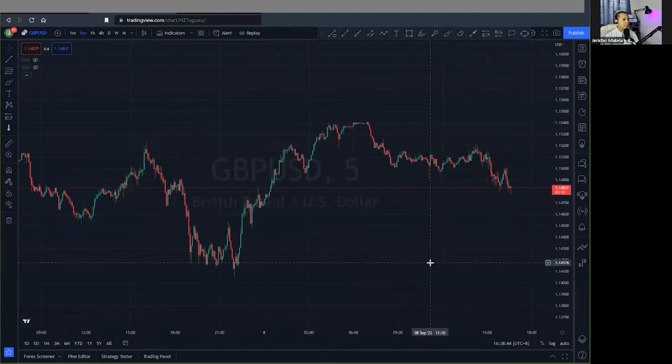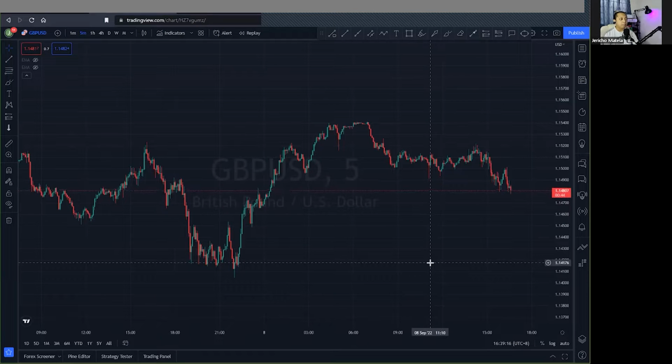Bakit pound USD ang napili nating currency pair when trading this strategy? Unang-una kasi, mas volatile ng konti ang pound USD compared to other major currency pairs versus, for example, the Euro USD pair. At the same time, mas clean, no? Depende to sa market pero right now mas clean yung pagpiprint ng different structure dito sa chart when it comes to pound USD.